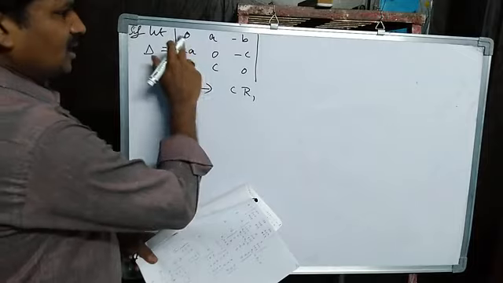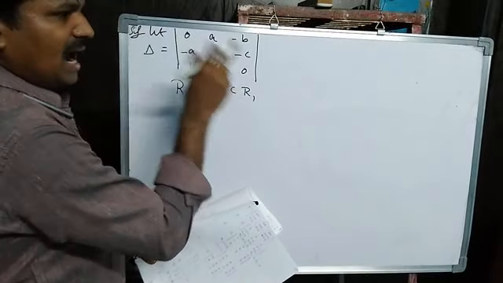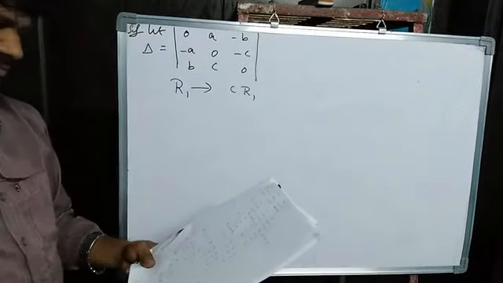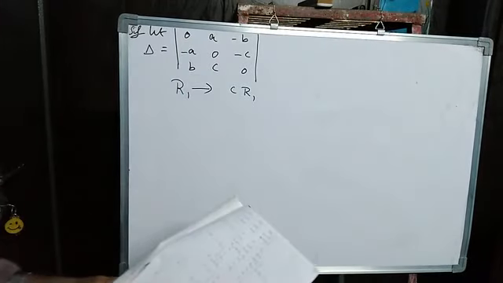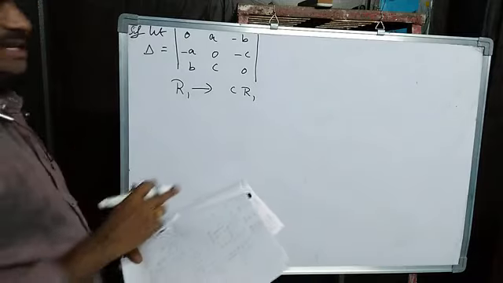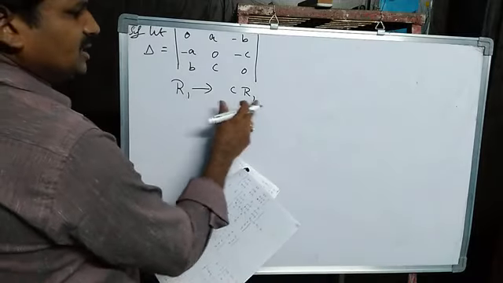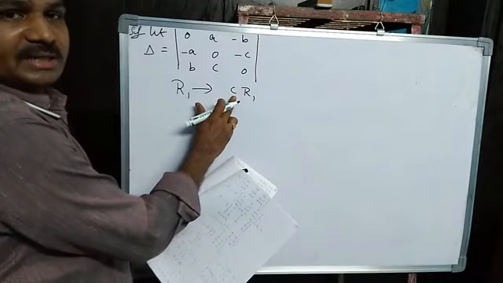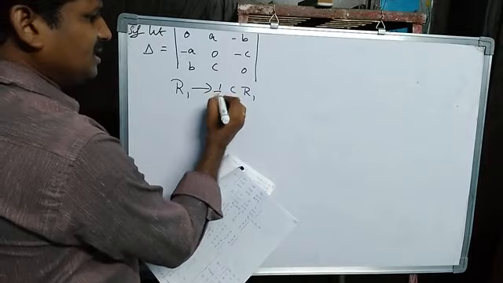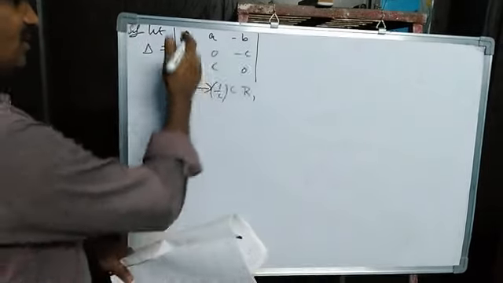I am going to make the first row and third row identical. To do that, R1 changes to C into R1. We multiplied by the constant C ourselves, that is why we also have to divide by C.